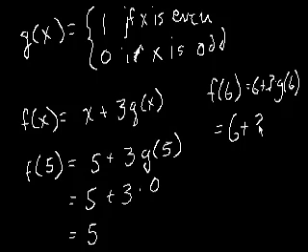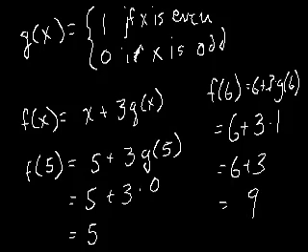So this equals 6 plus 3 times 1, which equals 6 plus 3, which equals 9. I think you might be getting the idea now. At first, when you see a problem with a lot of these functions, it seems very confusing. But if you just keep taking what's inside the parentheses and replacing that for x and just keep moving along that way, you make a lot of progress on these problems.